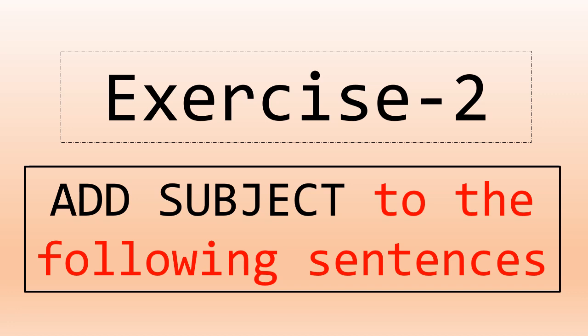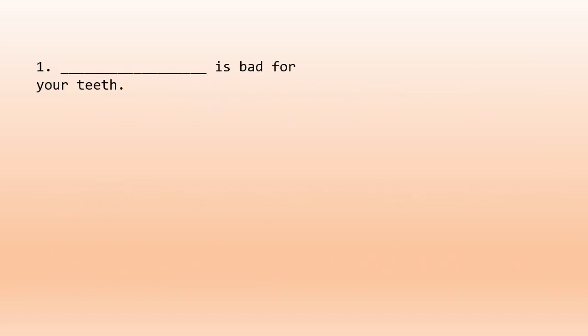Exercise 2. Here you have to add the subjects to the following sentences. And you all know that in the normal order, the subjects are written first, which are followed by the predicates. Let's see in this exercise how you may write the subjects. First one, dash is bad for your teeth.